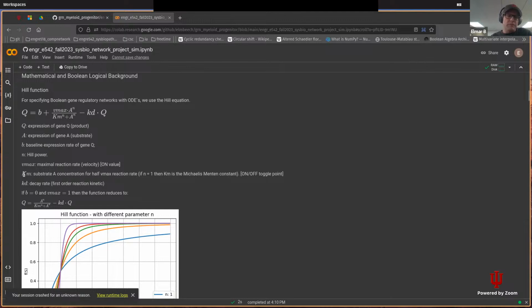And then we have the Km, which, if we have a Hill power of 1, is actually the Michaelis-Menten constant. But because we use different Hill powers as well, in my study I used Hill power 3, because that's the one that I used in the paper. It's not directly the Michaelis-Menten constant, but the idea of this Km is that the gene is switched on or switched off when it goes over the threshold that we specify with Km.